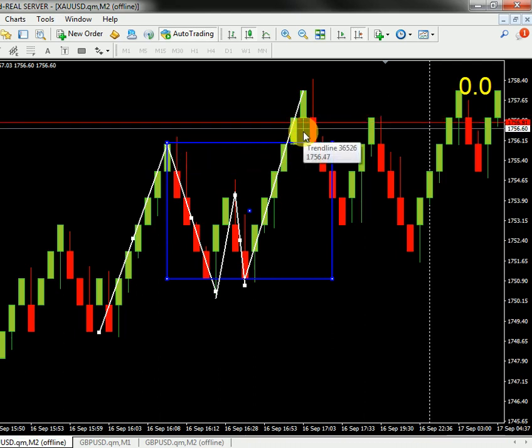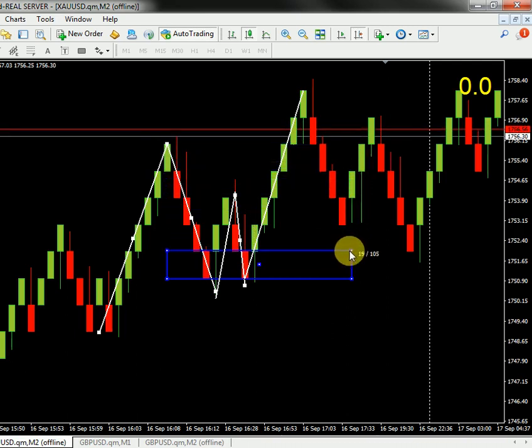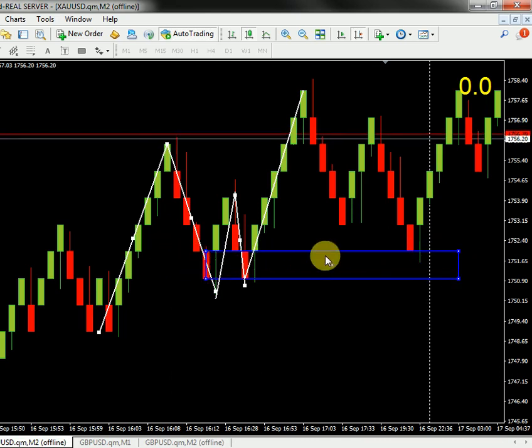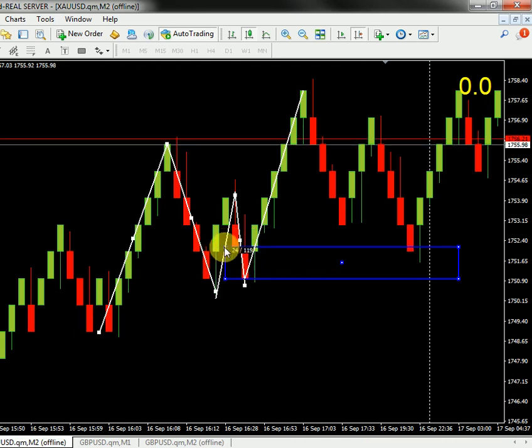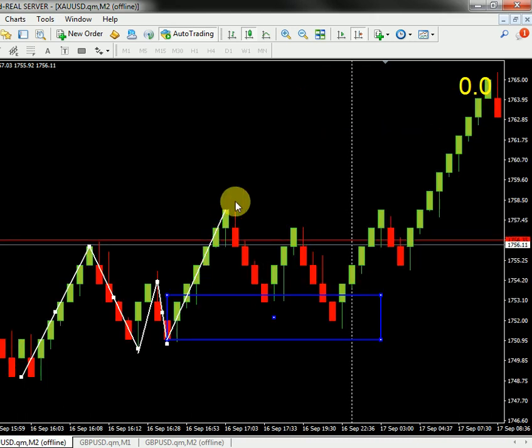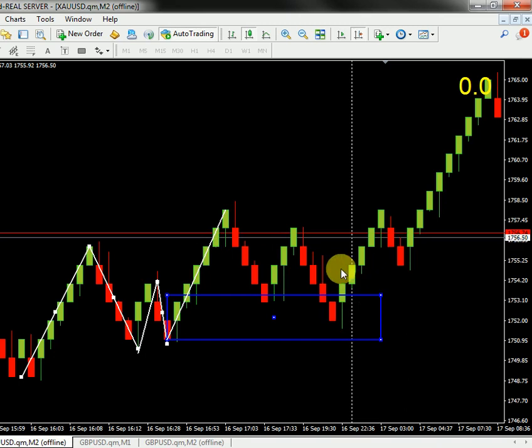Like I said, we wait for the best B. The best B for a buy is the last bear candle, the best B zone for entry. So you see the price comes first in shadow and goes up, and then comes back and goes up.